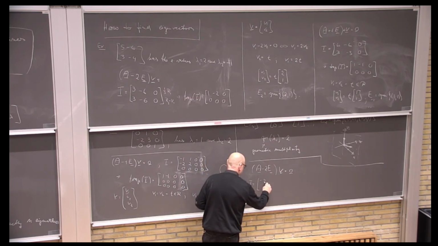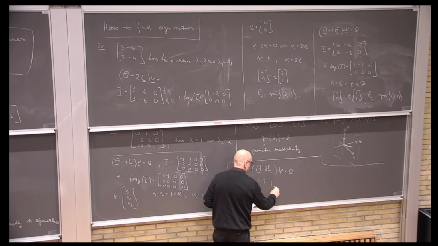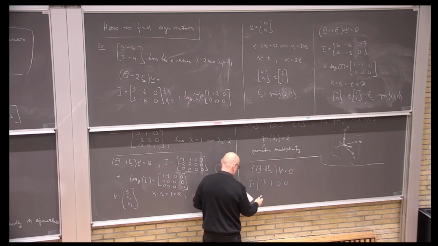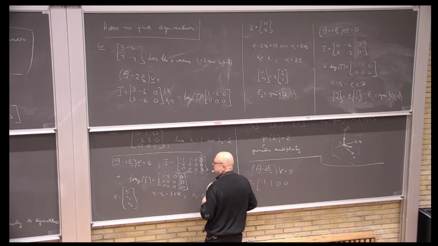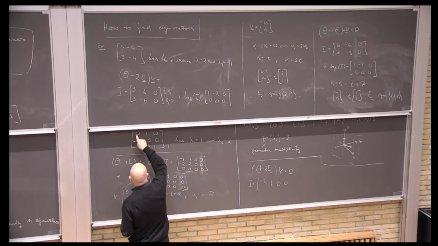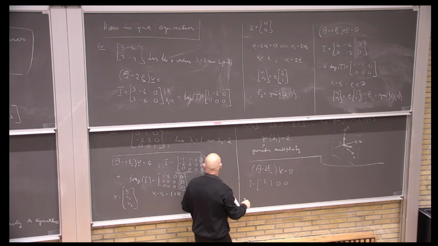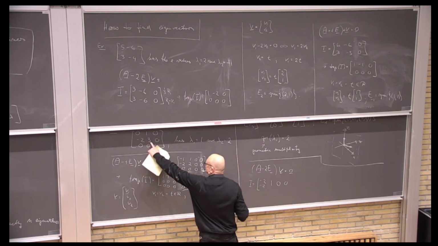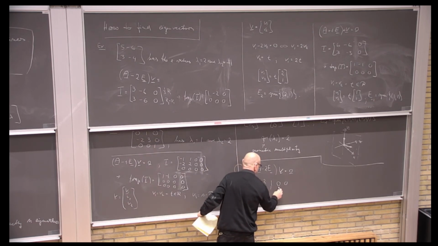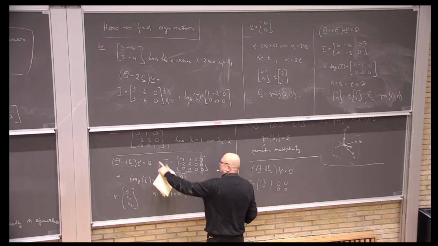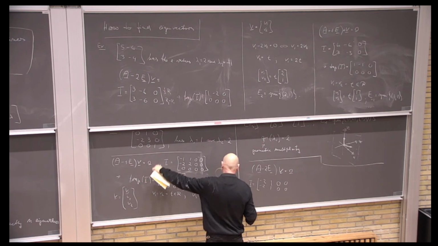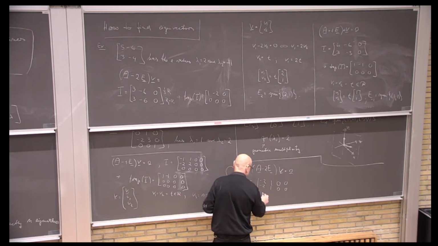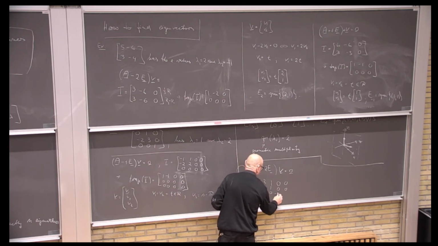I get minus 2, 1, 0, 0. That is minus 2 at that place, and then the others are unchanged. And I get minus 2. And then if I subtract 2, I get 1, 0, 0. And for the last equation, I get 0, 0, minus 1, 0.